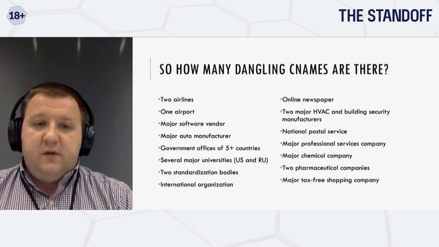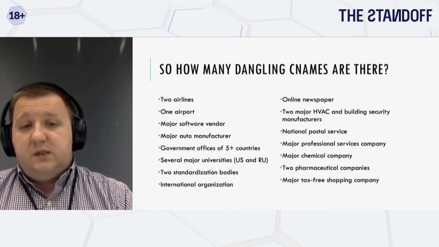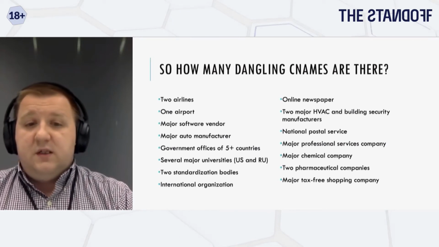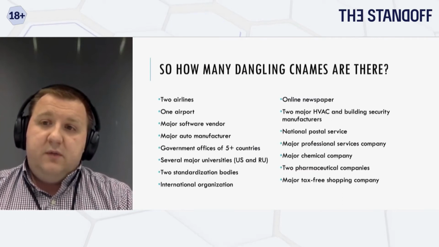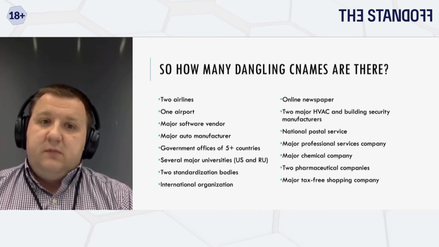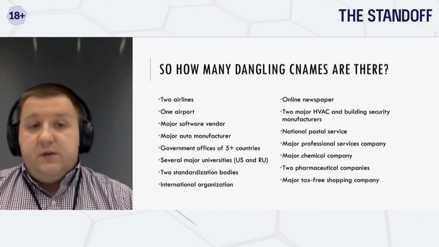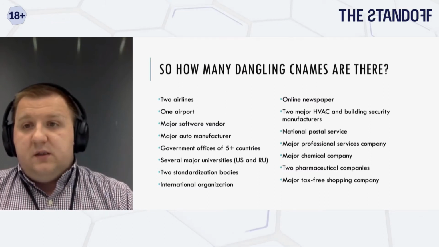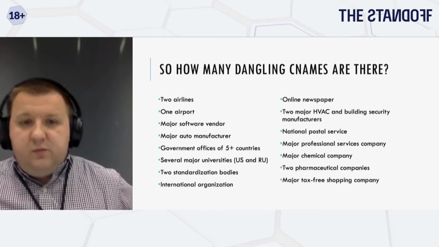2 airlines, 1 airport, several major software vendors, a major auto manufacturer, government offices of 5 countries, several major universities. All these institutions had dangling records in their domains. And all of these domains are ripe for the taking.